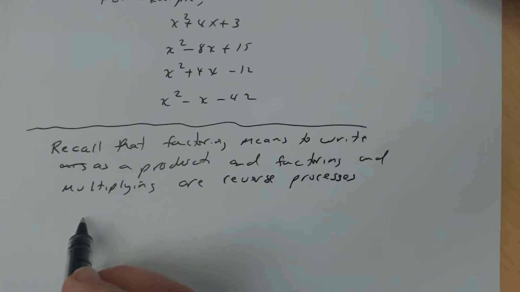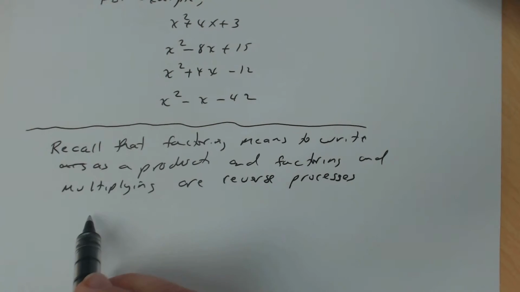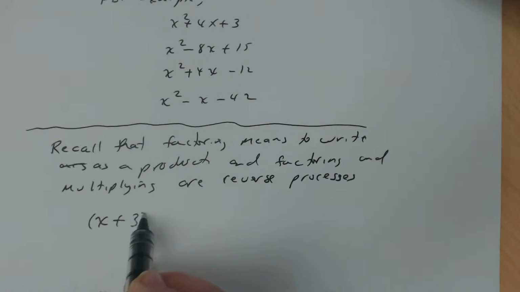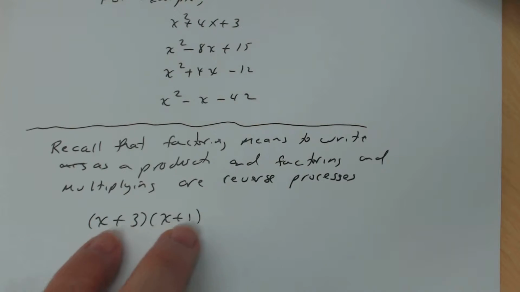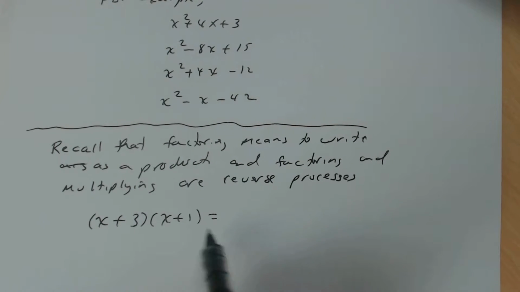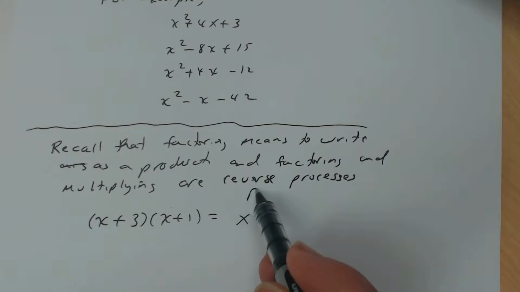So, for example, at the beginning of this chapter, you were asked to multiply two binomials together. Notice that you have two binomials, so you can use the FOIL method. First times first is x squared.